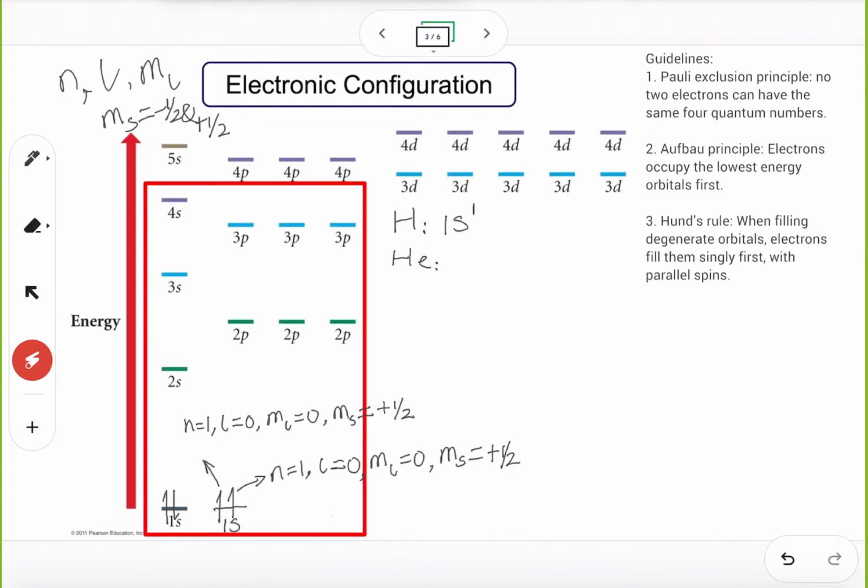All 4 of them are identical. So this is not right. We are not supposed to put the second electron on the 1s orbital with the same spin direction as the first one.